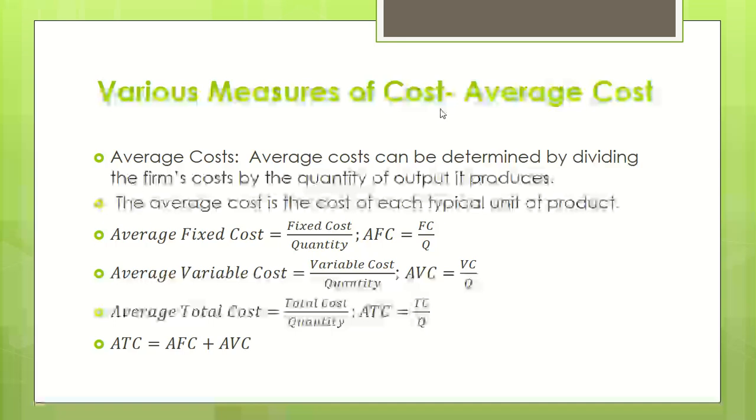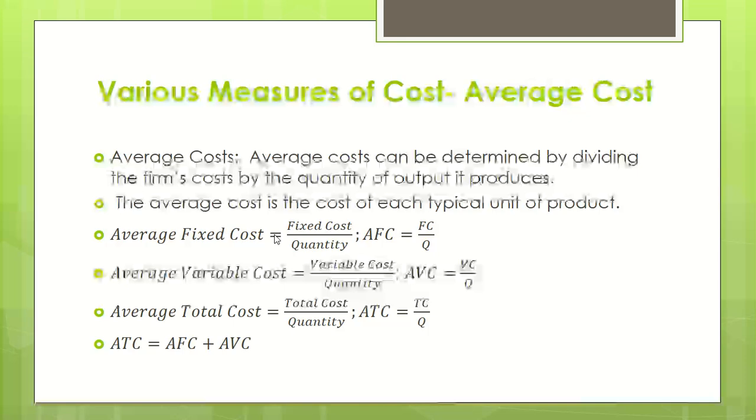Now coming to average cost. Here average cost can be determined by dividing the firm's total cost by the quantity of output it produces. Average cost is the cost of each typical unit of the product, and we can find it by using this formula.